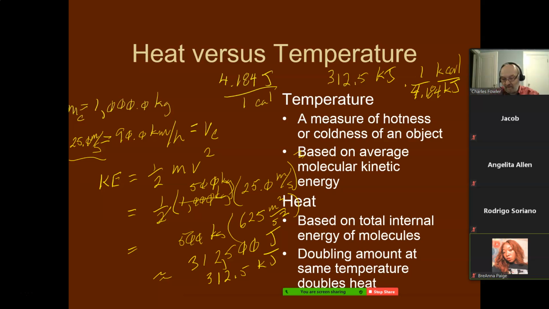Getting to my calculator, it says here 312.5. By the way, the kilojoules are going to cancel out here and here, and divide that by 4.184.